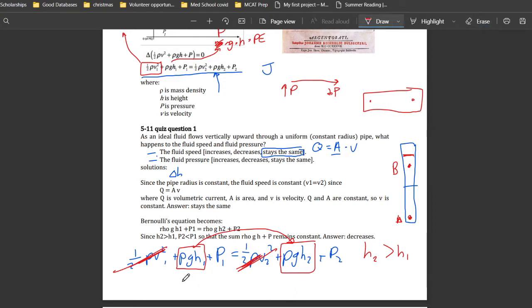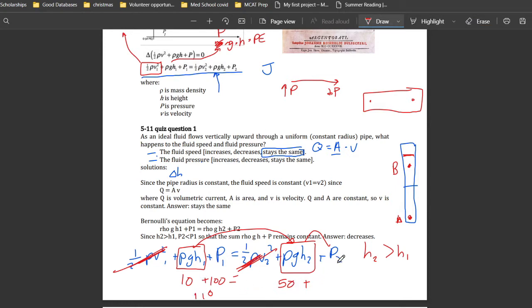So let's just put in hypothetical values again, as usual. Let's say that rho gh is equal to 10 for some reason, plus a pressure that's equal to 100. Well, if we increase the height so that rho gh is equal to 50, however this multiplies out, we know that the sum of these two values has to equal 110.